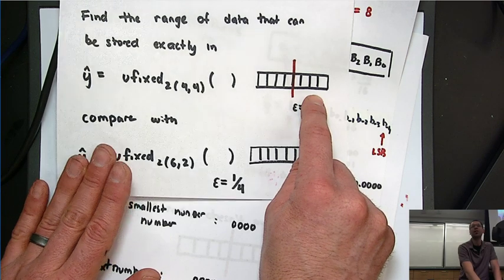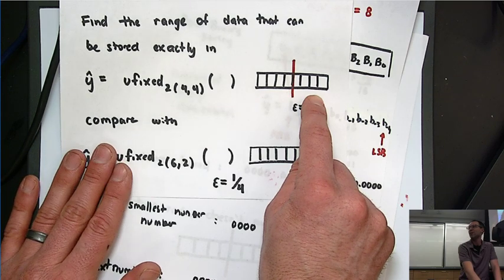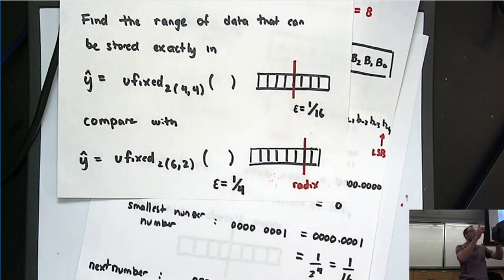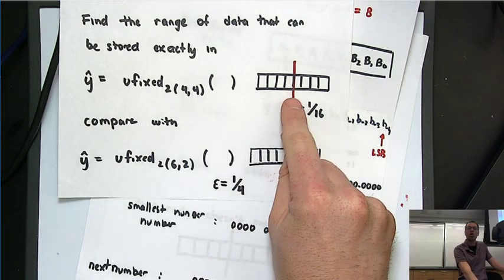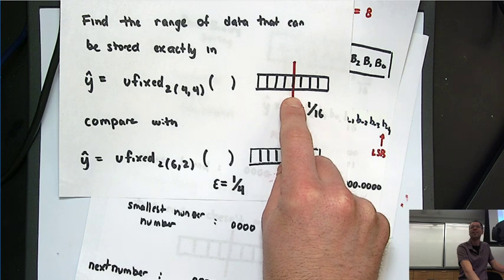What does that mean? It means that I can always think of a number as some 1 point blah blah blah times some exponent. The moment that I multiply by an exponent, I am no longer fixing the position of the radix point, but instead I am letting it float.